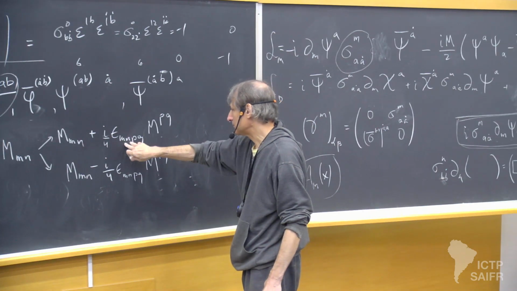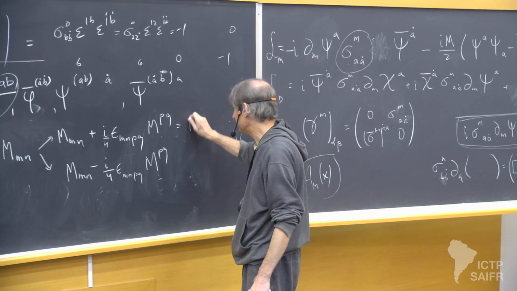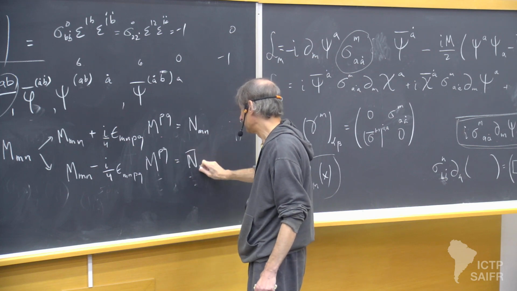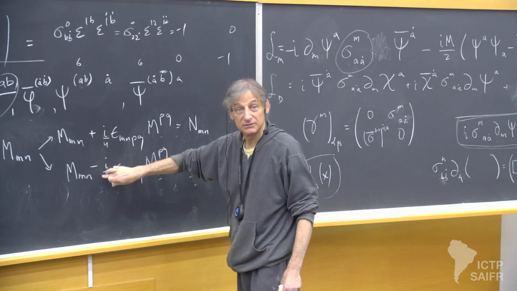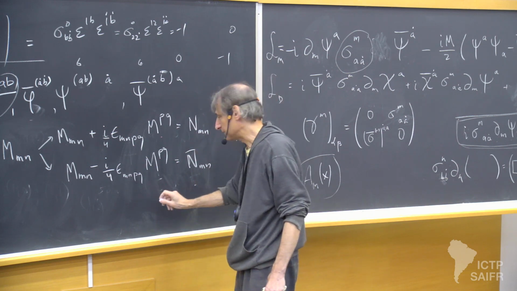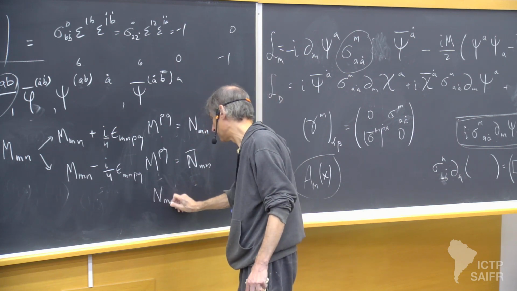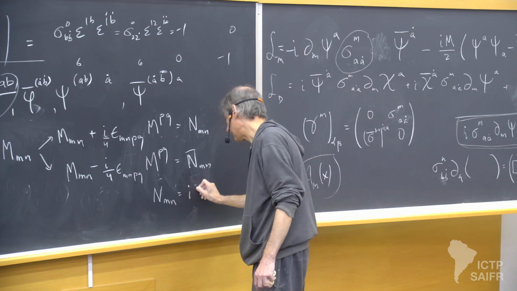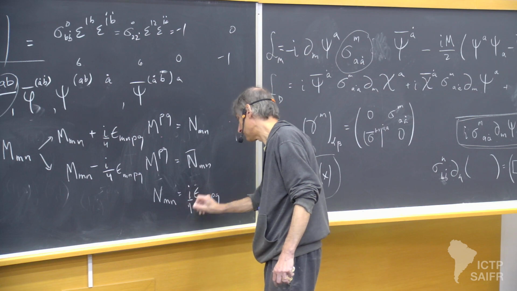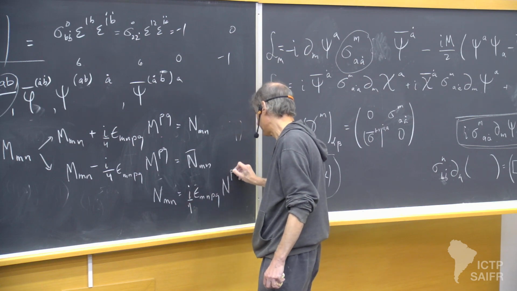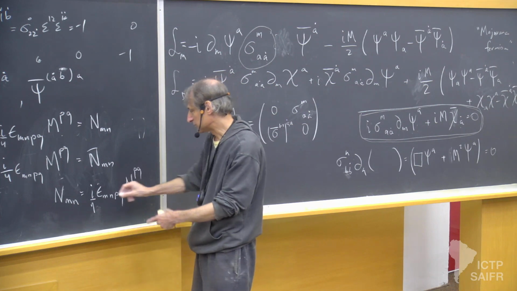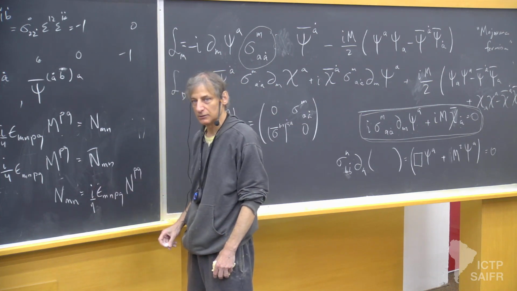Let's call this object n, just to give it a different letter, and this would be n bar because of the minus. This is complex, but it has a duality property that n mn is equal to i epsilon mn pq n pq, again with some factors of 4 or something like that. This is called self-dual, and if there was a minus sign, it would be called anti-self-dual.